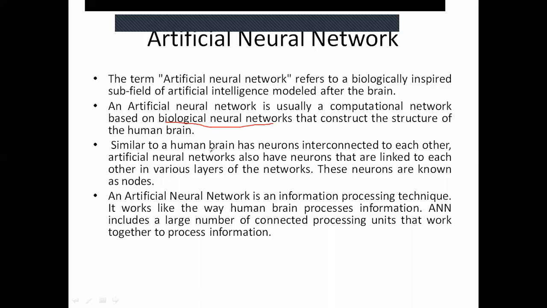Here it is written that in the human brain there are billions of neurons interconnected to each other. Similarly, in an artificial neural network, as I will show in the diagram, there are many neurons connected to each other at different layers, just like your biological neural network.